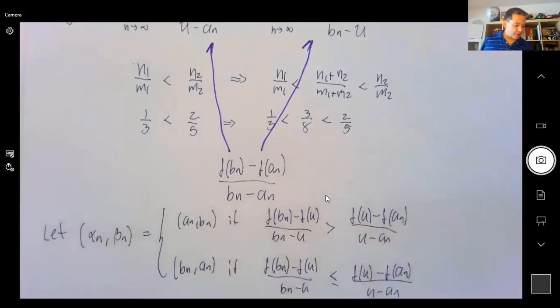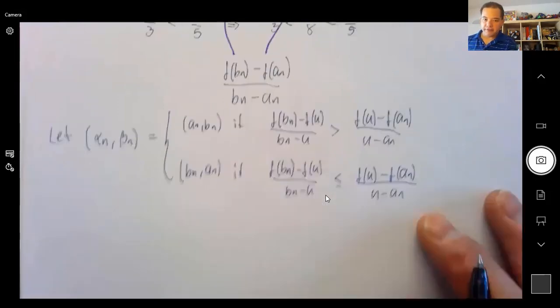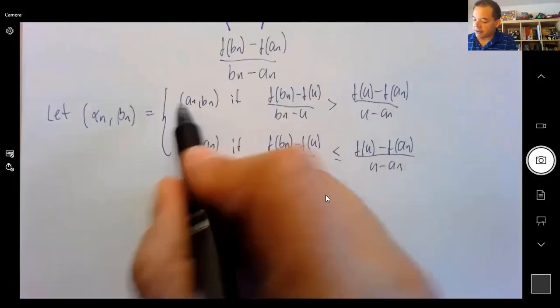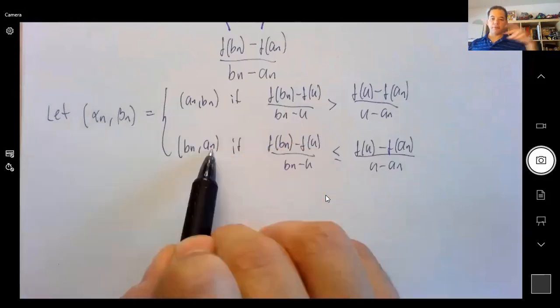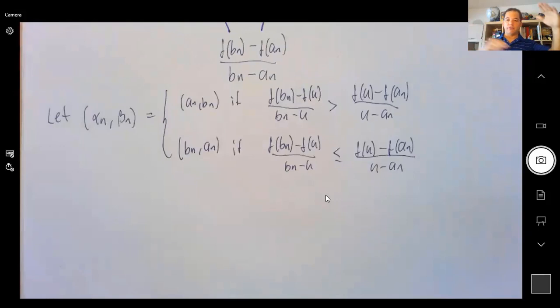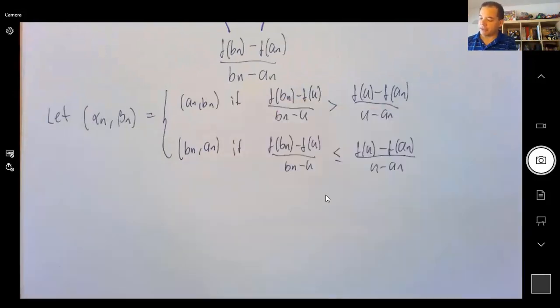All right. Now, if we do this, the alpha sequence is either an A or a B, and the beta sequence is either a B or an A. We're only switching the sequences. So sometimes they're A's and sometimes they're B's. But both the A and the B go to u. So we still have the same for alpha and beta.